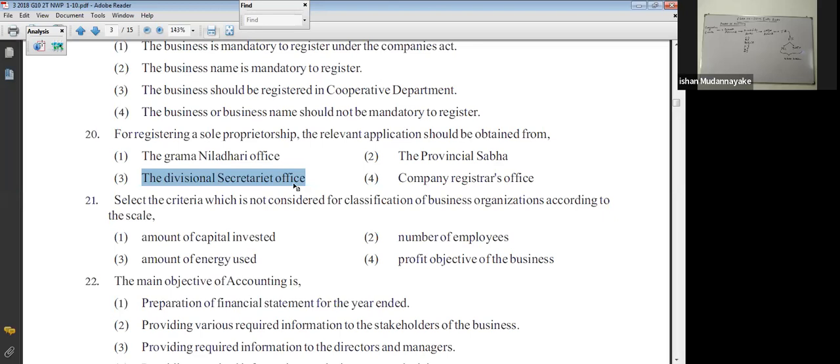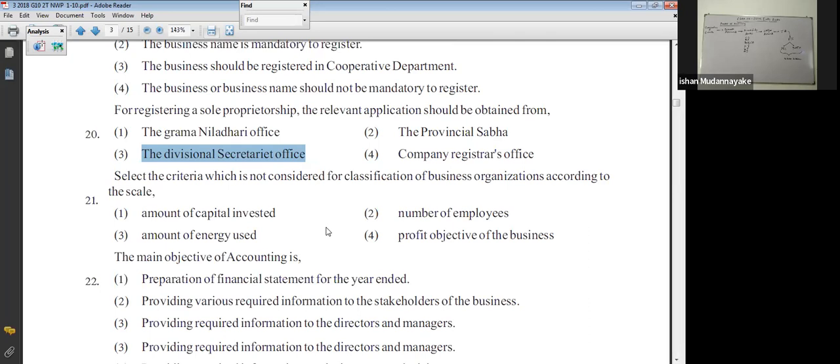To register sole proprietorship and partnership business organizations, we use the same procedure. Question number 20 we have already discussed.